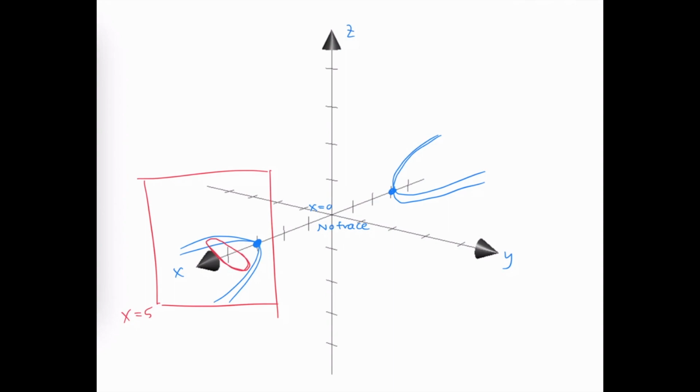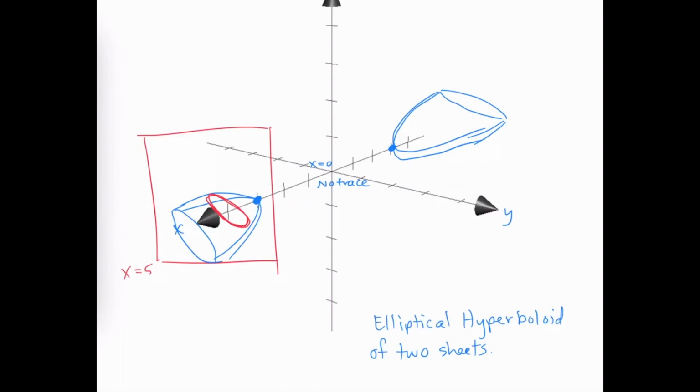So an elliptical trace curve in this direction. So it looks like what we have is an elliptical hyperboloid of two sheets. And so now we're going to take this into GeoGebra to check our answer.